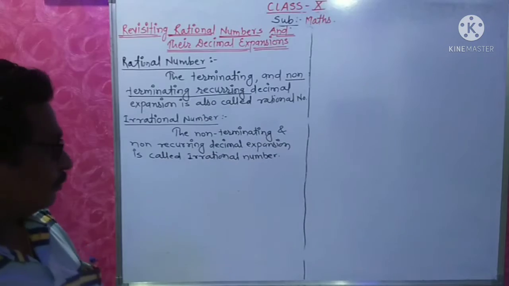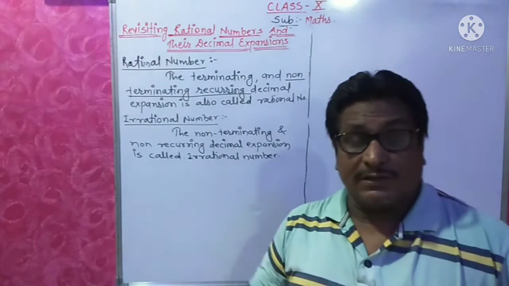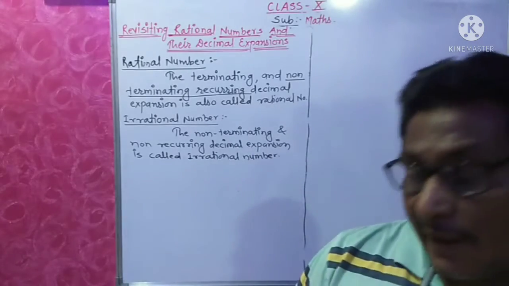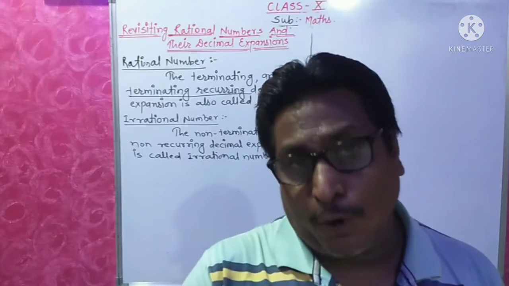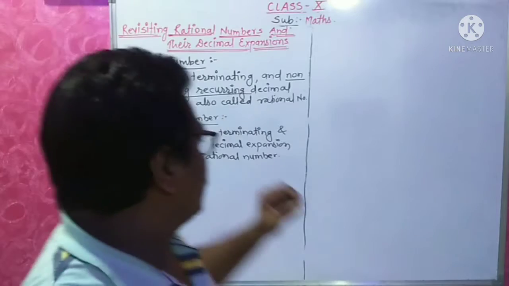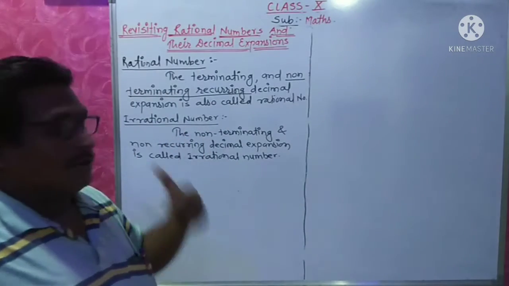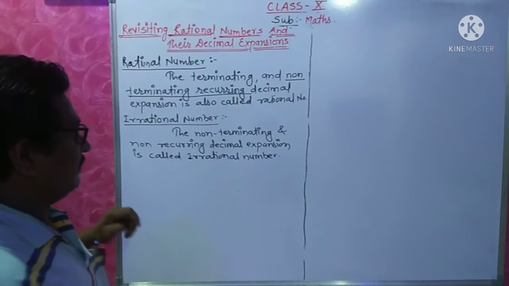What is non-terminating, non-recurring? It means the remainder is not 0 and the digit or group of digits is not repeating. Such numbers we call irrational numbers. So these both things are very important.